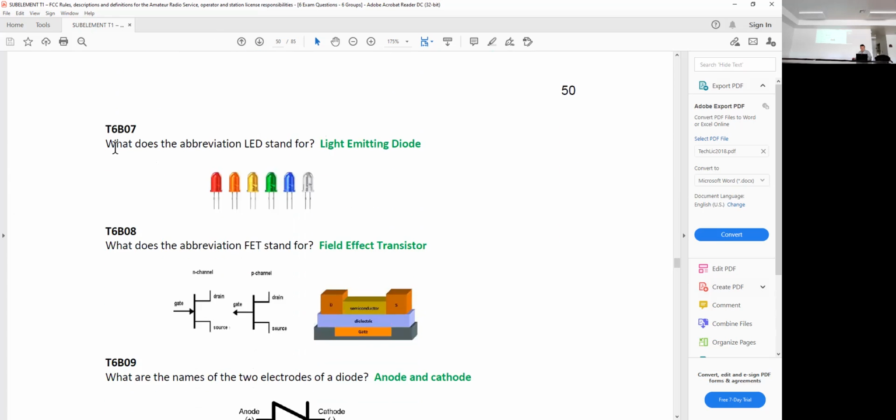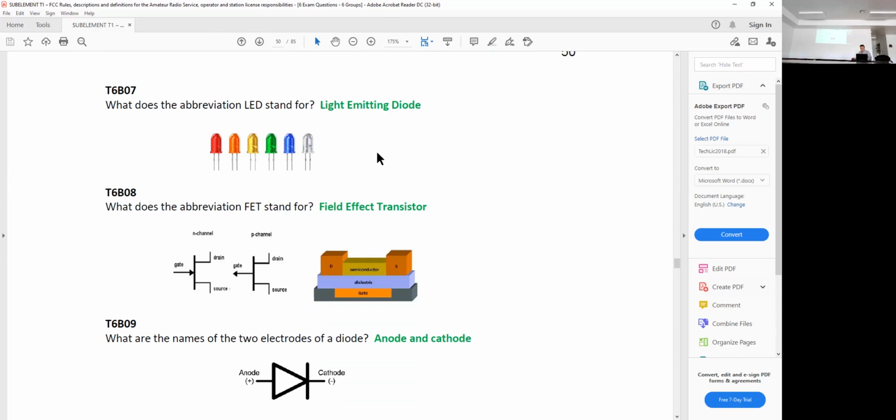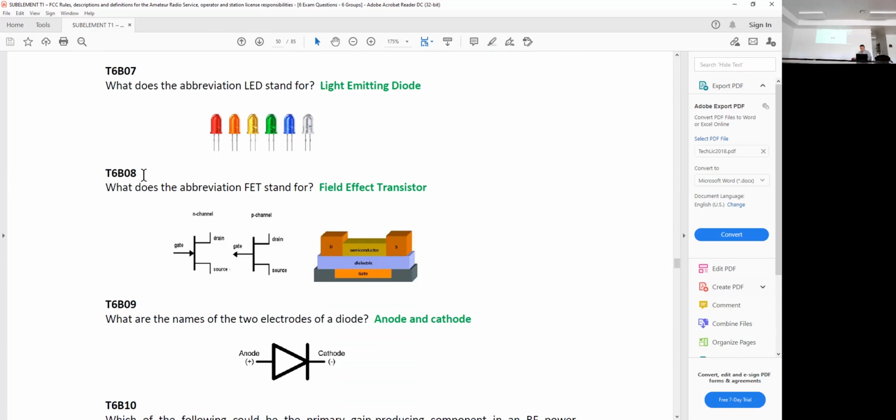And here comes the, I already gave this one away, but LED, light emitting diode. And they're just like other diodes. The only difference is they emit light when the electrons flow through them. Any questions about light emitting diodes? They're kind of a fun component. They last forever. They use very little electricity.